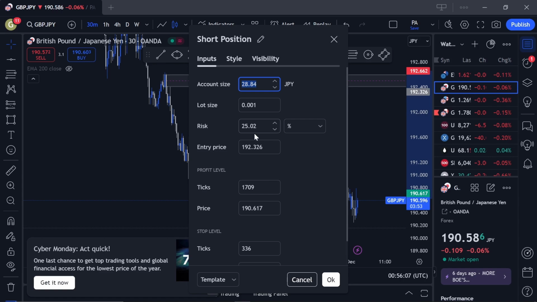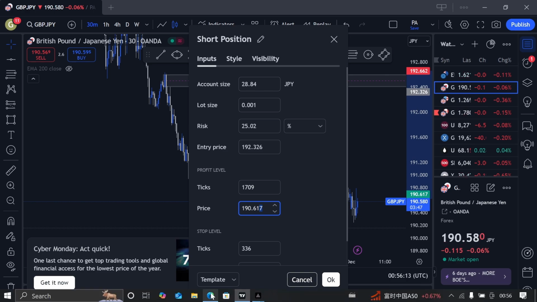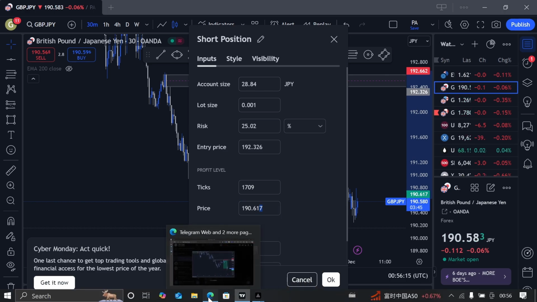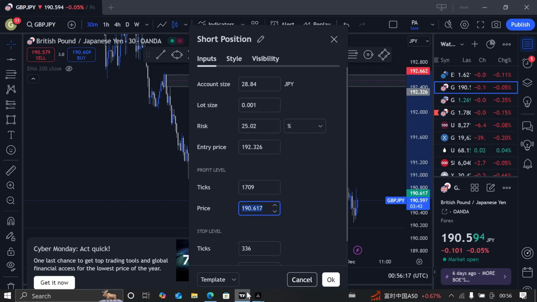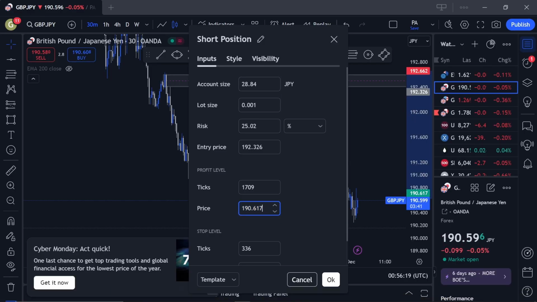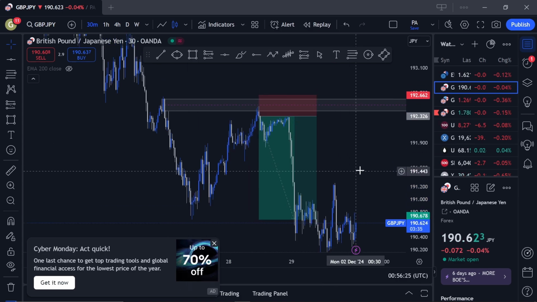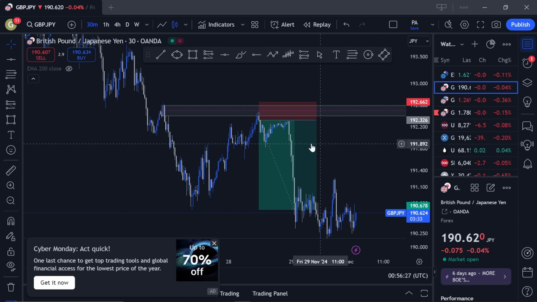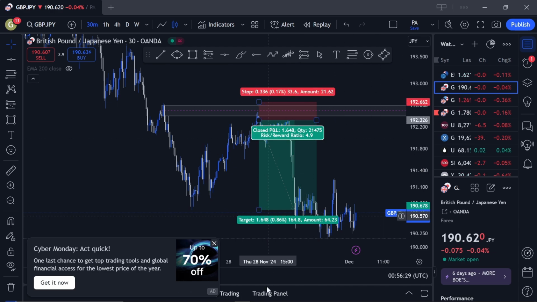Let me just modify it to 678. Is it 678? Yeah, 678. Okay, nope, this didn't give us a 1:6. The actual setup was a 1:6, so I don't know how I marked this wrongly.